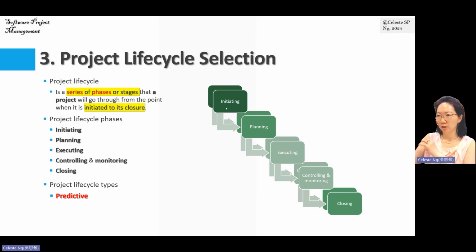It is assumed that we know the project requirement, the user requirement, from the very beginning, and therefore we follow roughly the same requirement throughout the project.